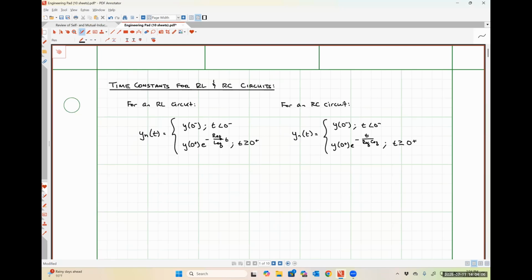It should be fairly obvious that these expressions are incredibly similar. The only difference is what's being multiplied by time in the exponential function during the transient condition.